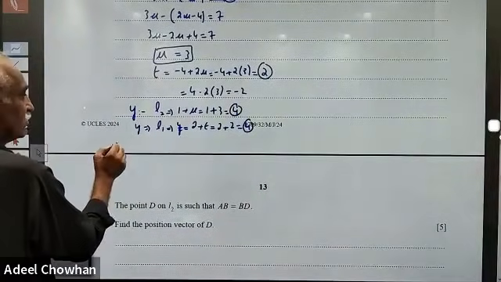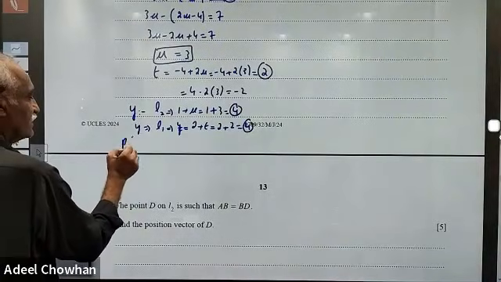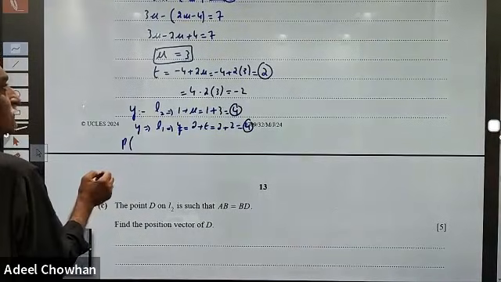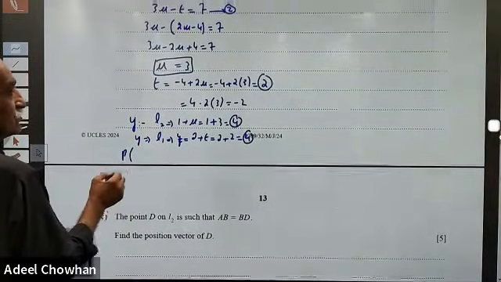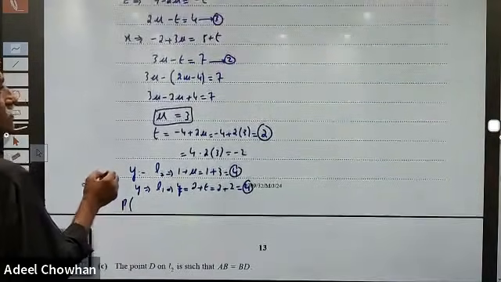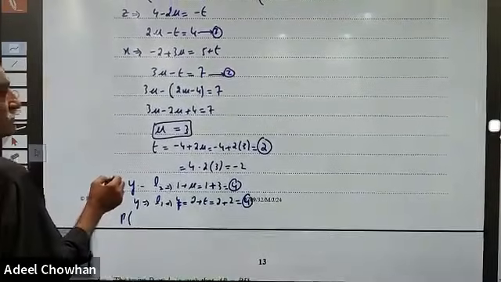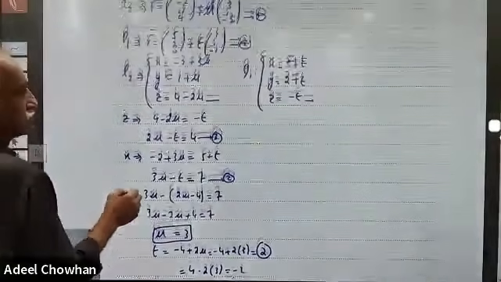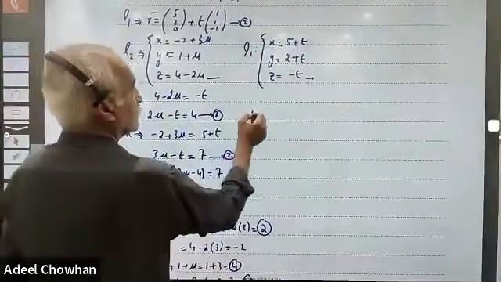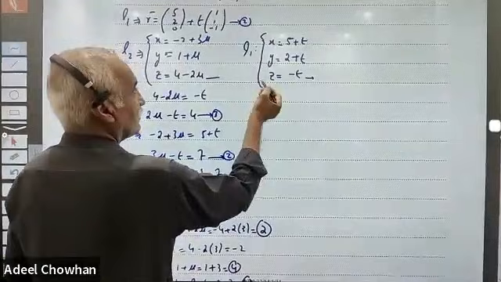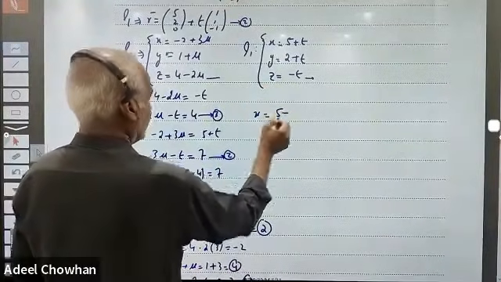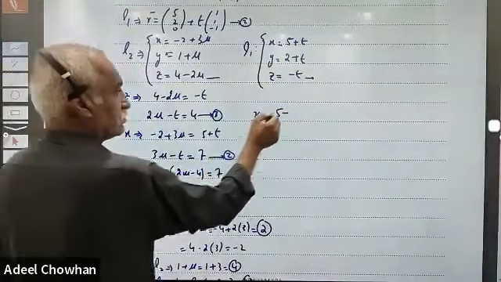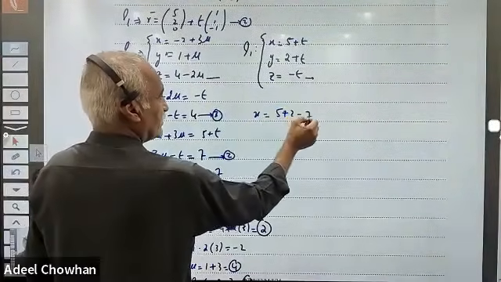So it means the point of intersection of this line L1 and L2 has its x coordinate equal to, so we will put the values of x. In any one we can put the value: 5 plus t value 2, so the x value is 7.